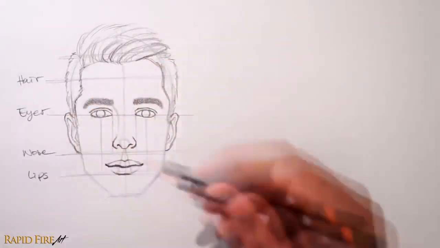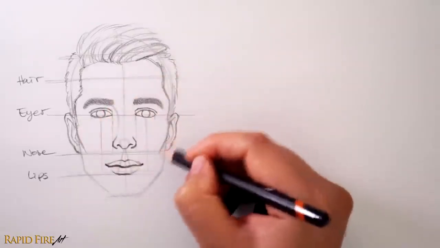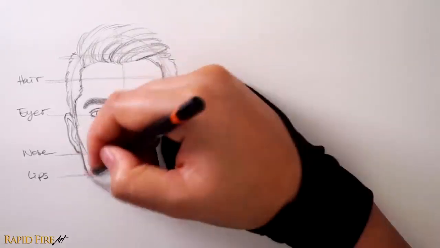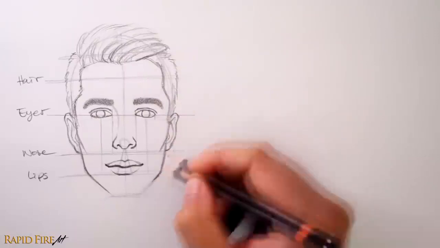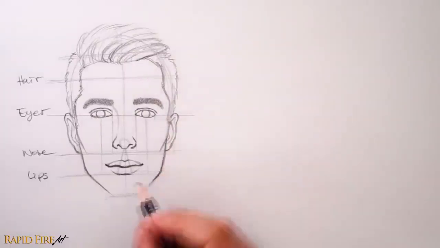You can make someone look skinnier by defining their cheeks. Let's give him a chiseled jawline with a dimpled chin.